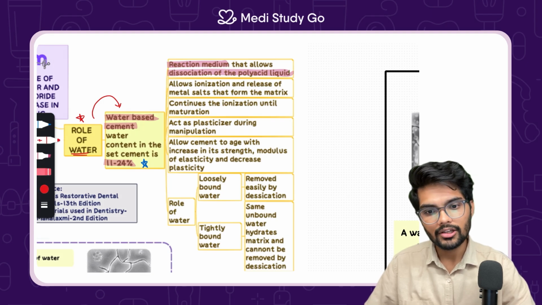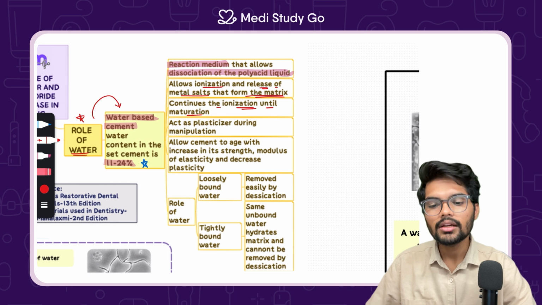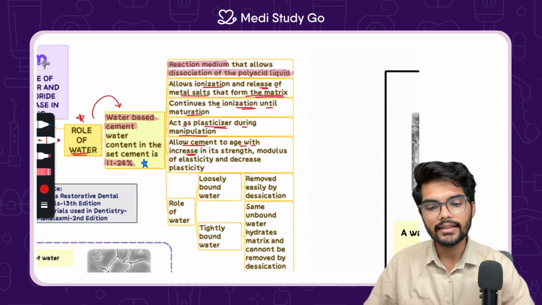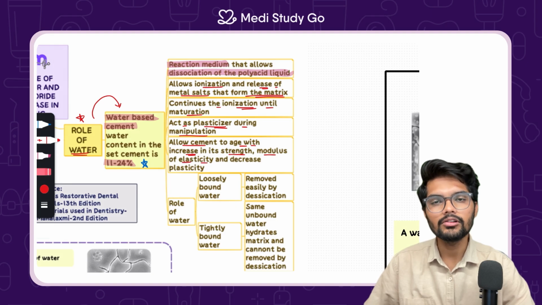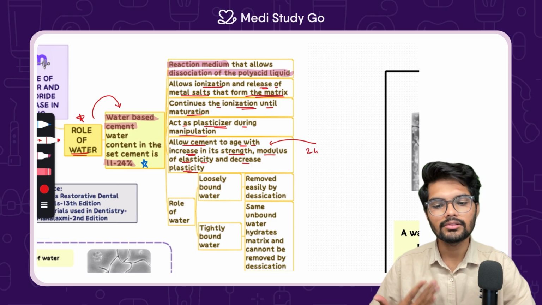It allows ionization and release of metal salts from the matrix, continues the ionization until complete maturation, acts as a plasticizer during manipulation, which basically is the gelation phase, allows cement to age with increase in its strength, modulus of elasticity, and also decreases plasticity, which basically occurs in the time span of 24 hours to 1 year.